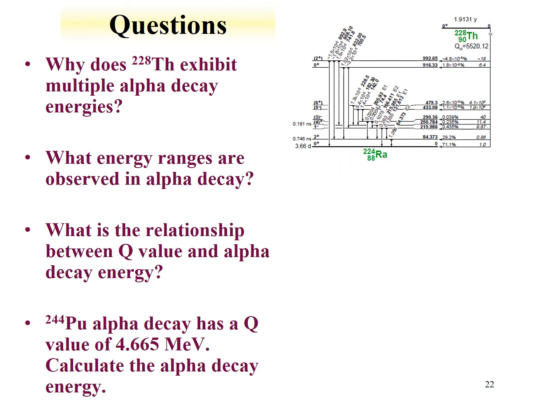And we see that it decays to multiple levels in the radium-224. 28.2% of the time it goes to this first excited state, and then 71.1% of the time it travels to the ground state. The alpha decay energy for this ground state is different by 84.3 keV from this first excited state, and they'll show up as different peaks for the alpha decay energy.